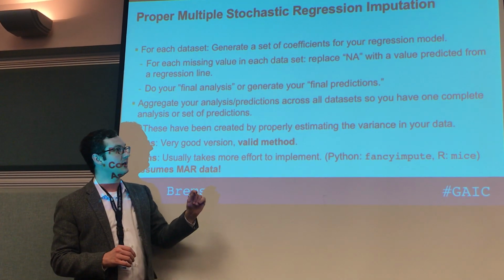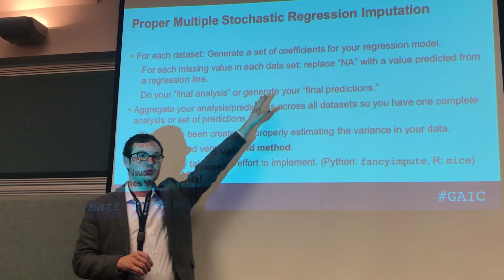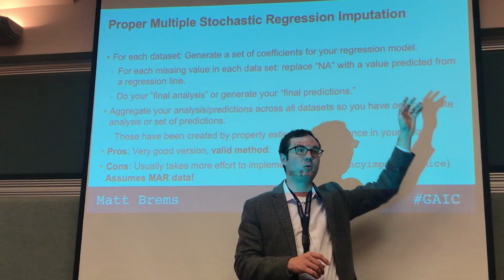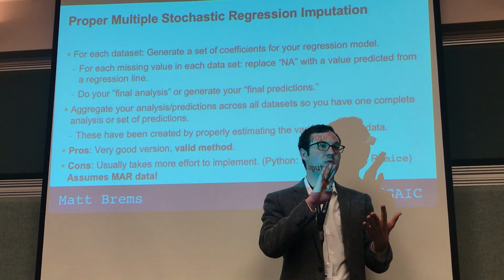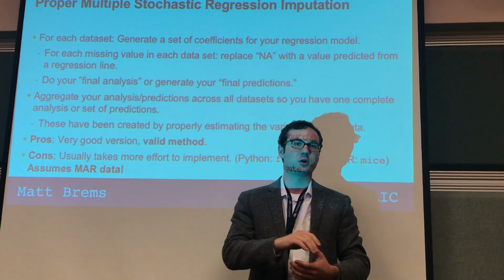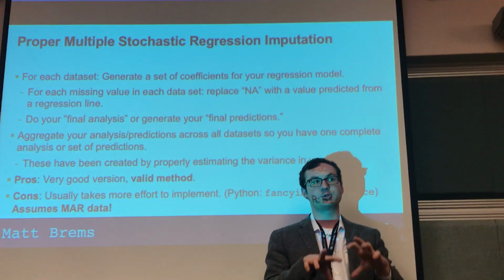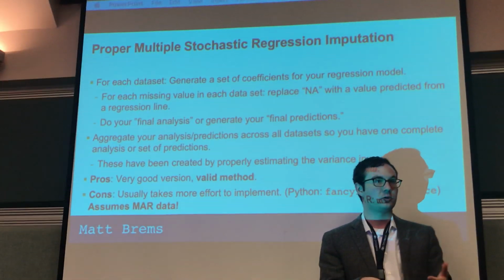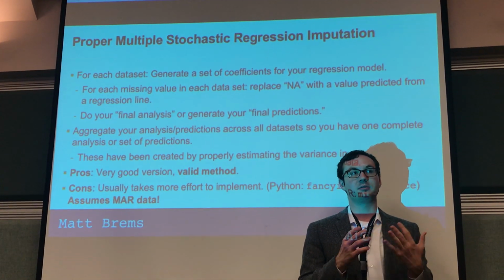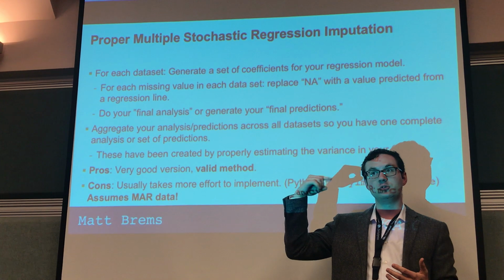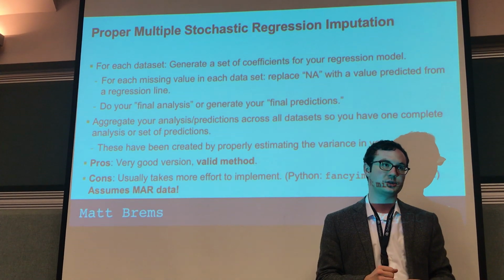The other thing is that when you are replacing your NAs with some regression model or any model, whether it's a random forest or linear regression, logistic regression, Poisson regression, whatever, we do assume all of the assumptions of those respective models, depending on which one you use. So if you're using a linear regression model to impute those values, you do assume that those errors should be normally distributed.